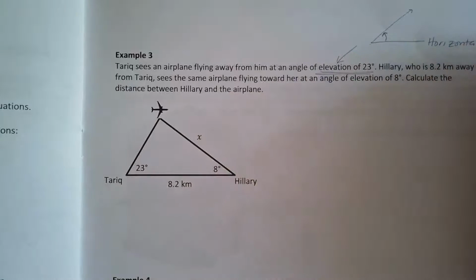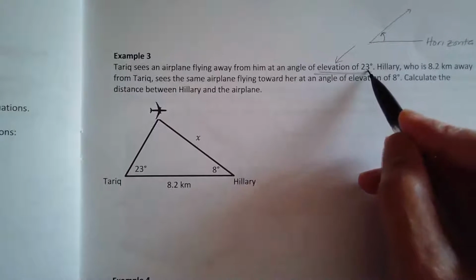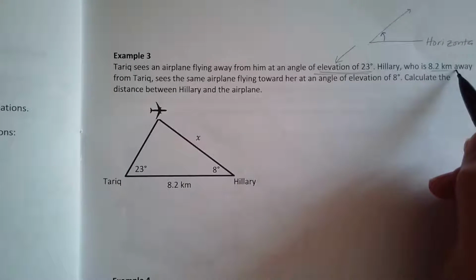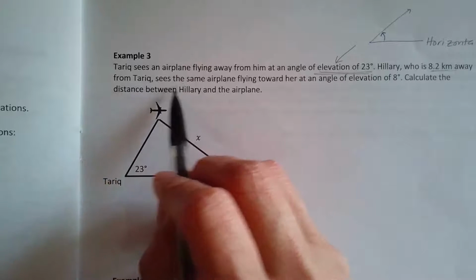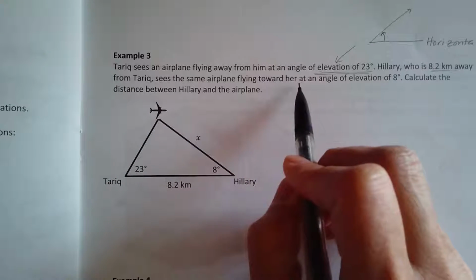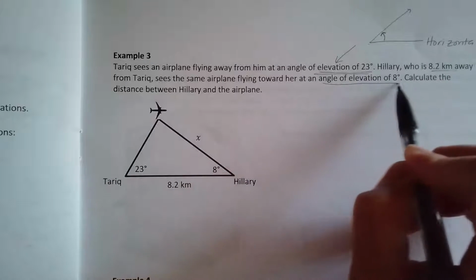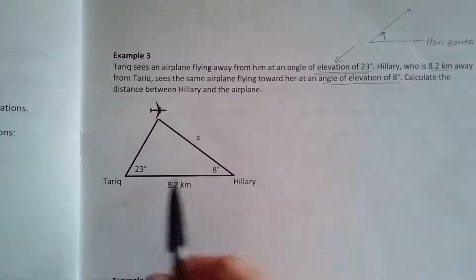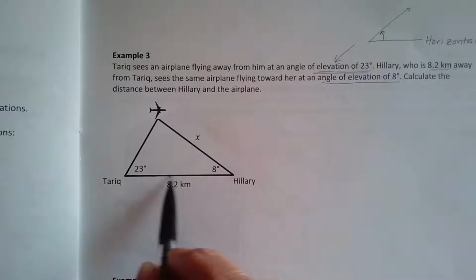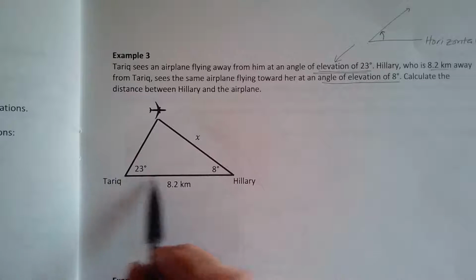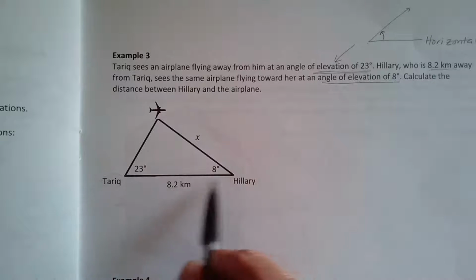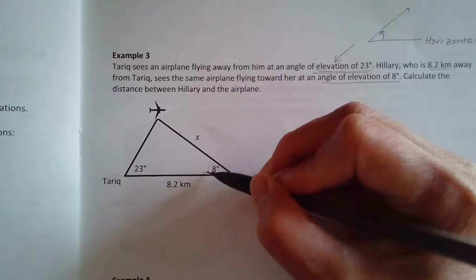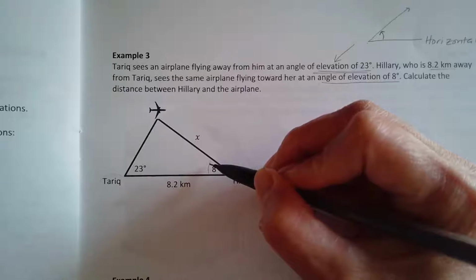Elevate means up. So 23 degrees. Hillary, who's 8.2 kilometers away from Tariq, sees the same airplane flying toward her at an angle of elevation of 8 degrees. So this is Hillary, and this is the horizontal line. If she looks straight, she can see Tariq over here. But if she looks up, that's the angle of elevation at 8 degrees.